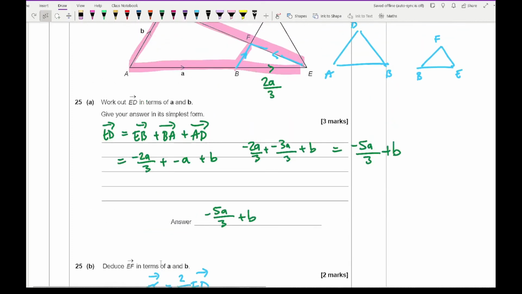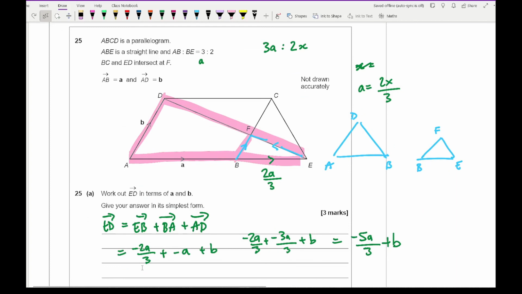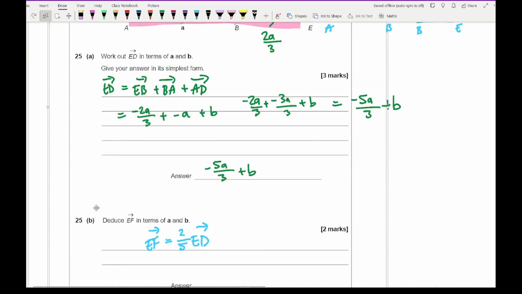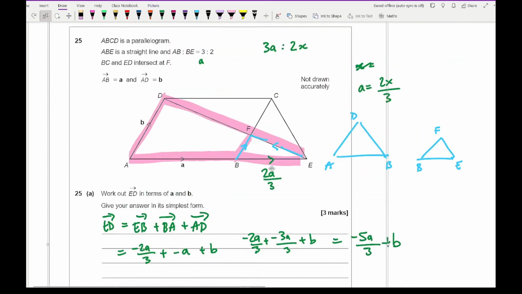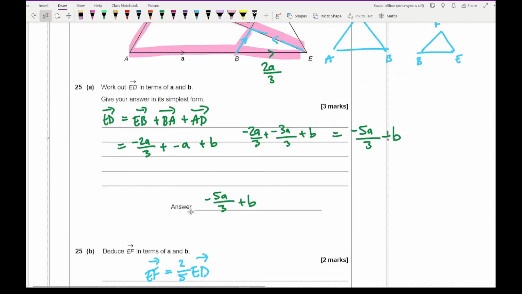Where have I got that from? Because there are 5 parts in total and BE is going to be 2. So it's just a case of working out what the scale factor is going to be, and the scale factor is going to be 2/5. Now EF is going to be 2/5 of ED, which I've already worked out.